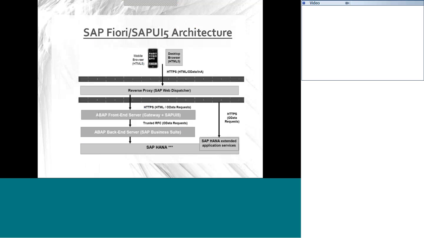So I was talking about the web server. The web server sends the user the data, and that can be shown in the HTML5 browser, desktop browser or mobile browser.